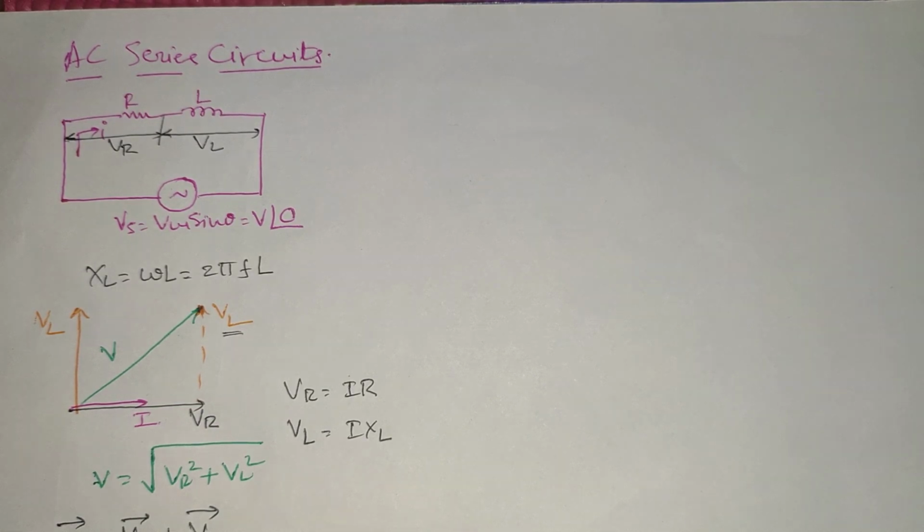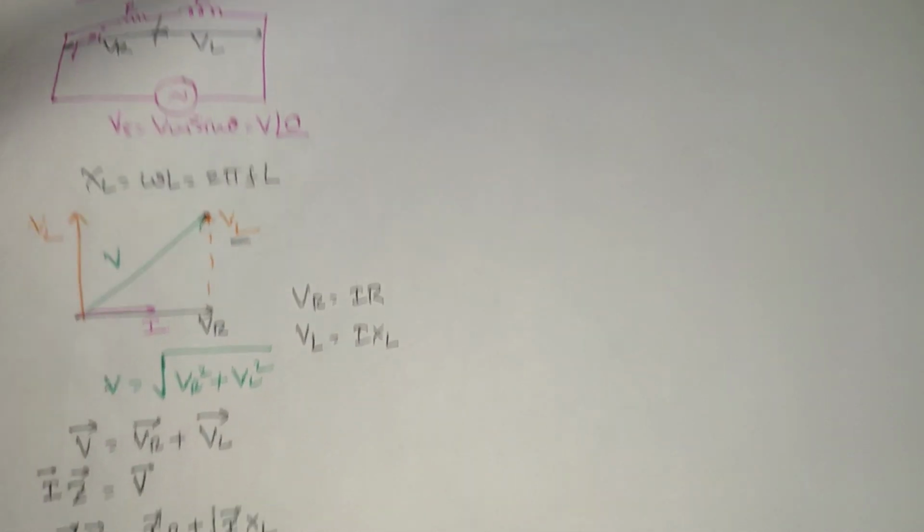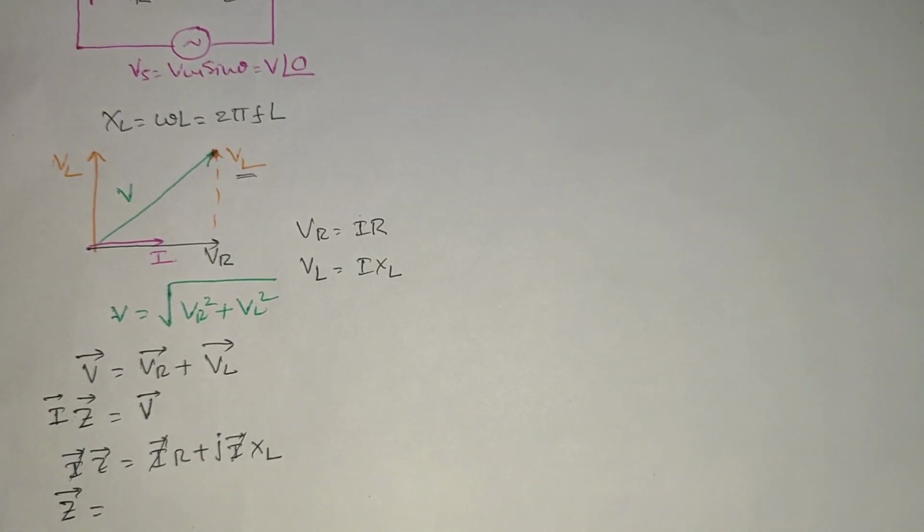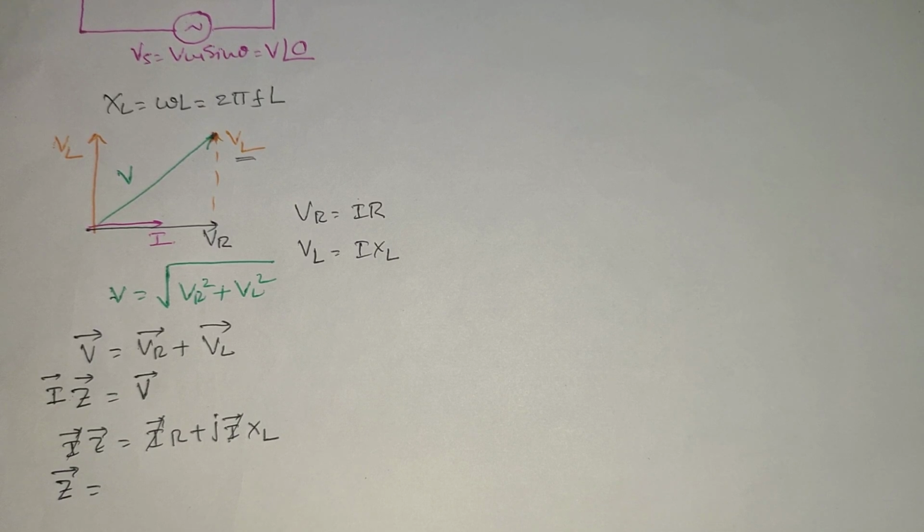Hence we are going to have plus j I bar into XL. So I bar is going to cancel on both sides, and we are going to have Z bar equal to R plus jXL.